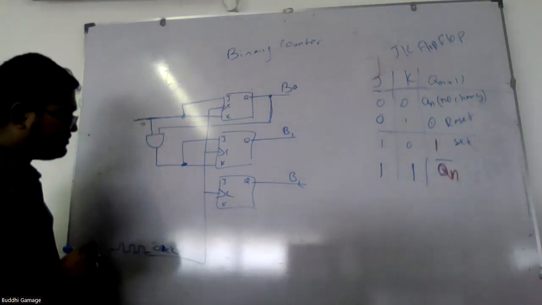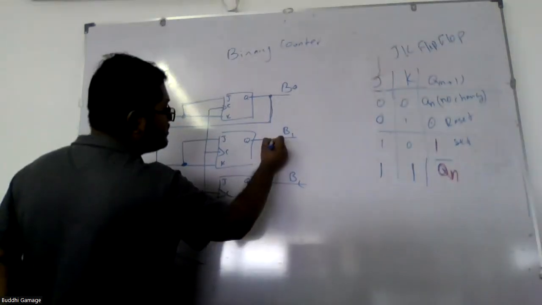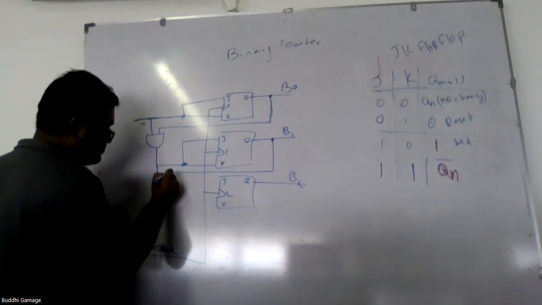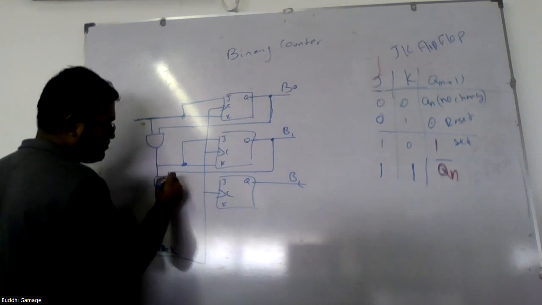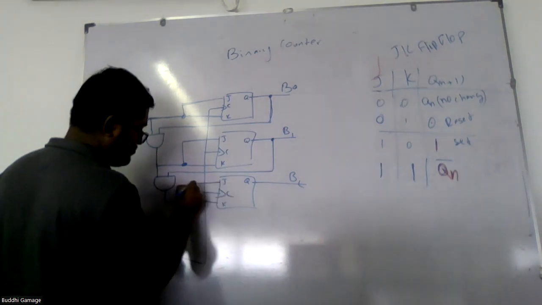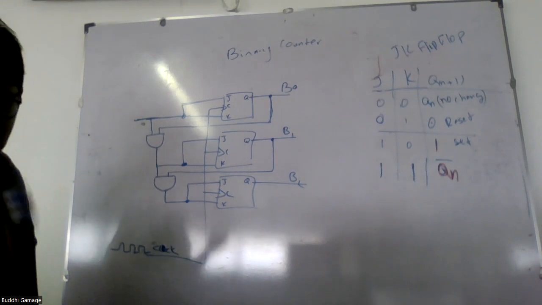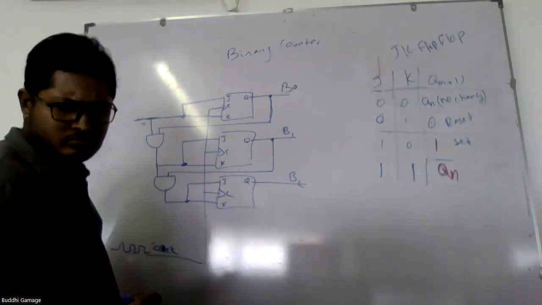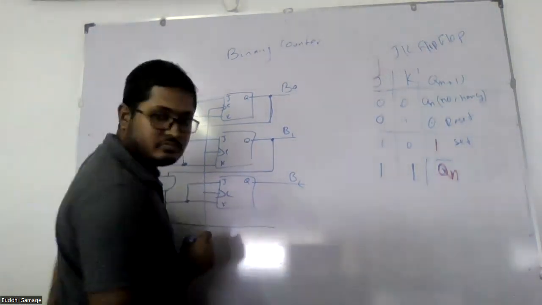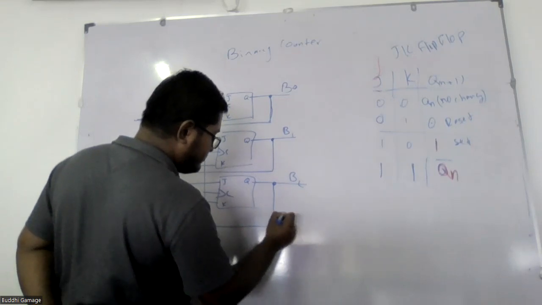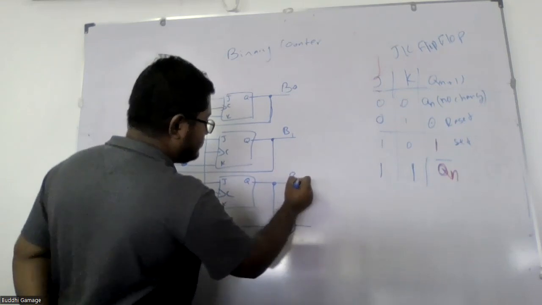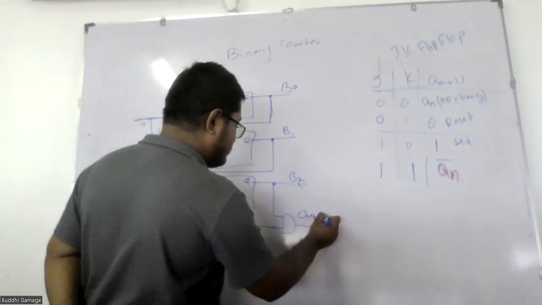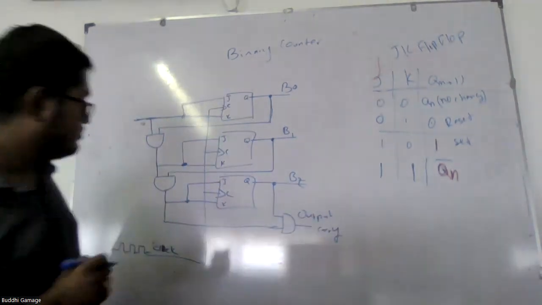Only the dot points show where the connection is happening. Right. So after that, and finally both of these outputs get the output. So this is the 3-bit binary counter.